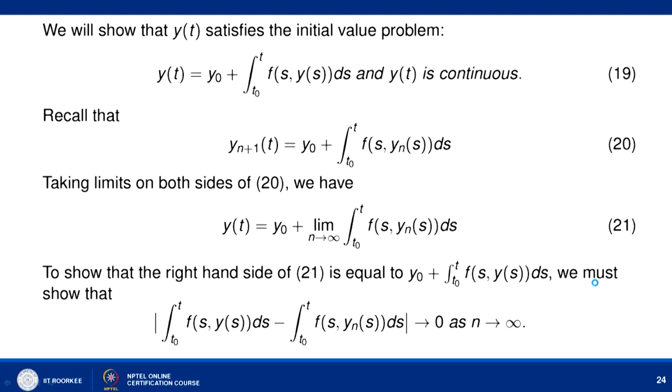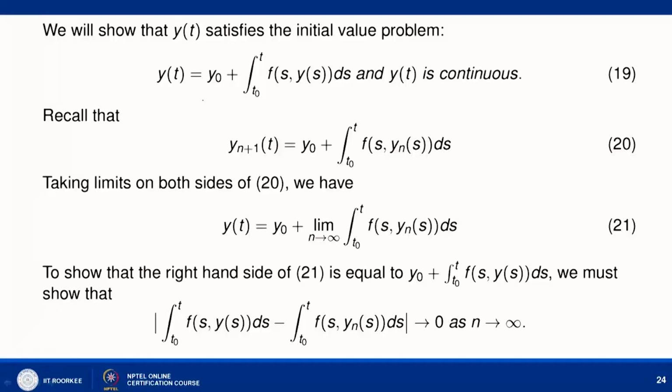So now we want to show that y(t) satisfies the initial value problem. What we have done so far: the first step is the definition of successive approximation, which we did in the previous lecture, and then we have shown that this approximation converges to some limit. We have just shown that the sequence yn(t) converges to some limit, call it y(t), and now we want to show that this limit satisfies the initial value problem.